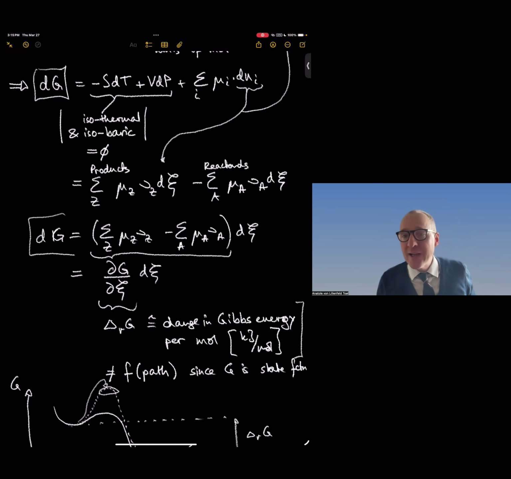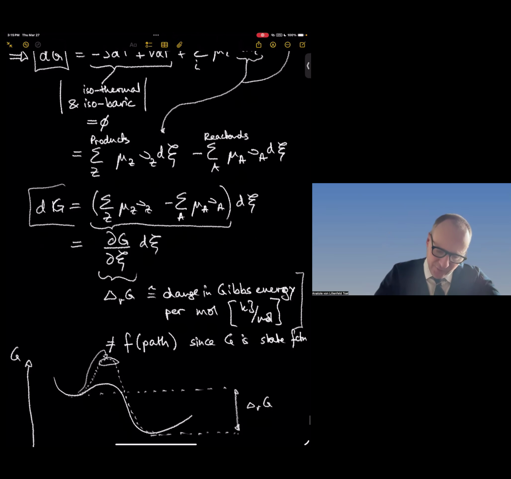So strictly speaking, this psi is just for an infinitesimal small change or advance in the reaction, but we want to discuss the equilibrium situation. So this is where this is relevant. It connects directly product with reactants. Okay.